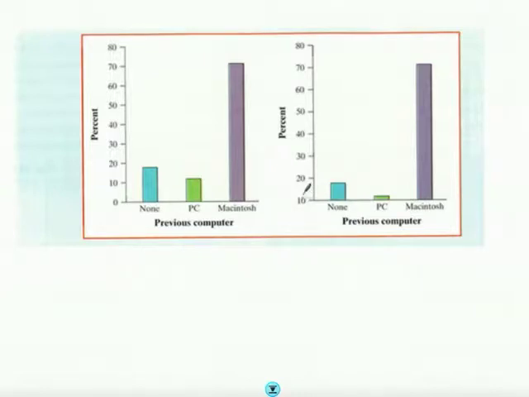As you can see on the y-axis here, we start at 10 as opposed to where we started at 0 over here. It looks like the percent of iMac buyers who previously owned a PC is less than half the percent who were first-time computer buyers. We get a distorted impression of the relative percents in the three categories by starting our y-axis at 10 as opposed to starting it at 0.